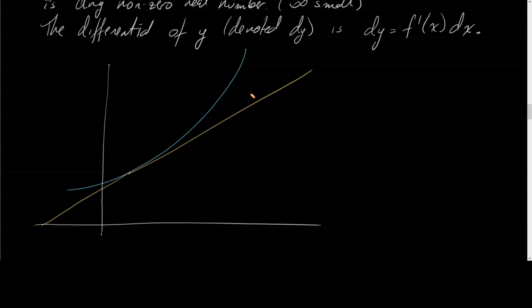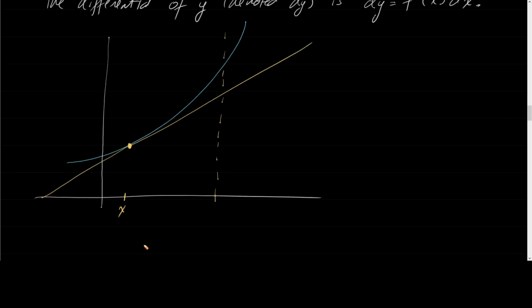Now, in here, this point right here, let's say that is at x. And let's say that about here, this is, well, let's call this distance delta x, the change in x. And this here will be x plus, actually, let's not use x, let's use c, just to talk about a very specific value, c. c plus delta x.